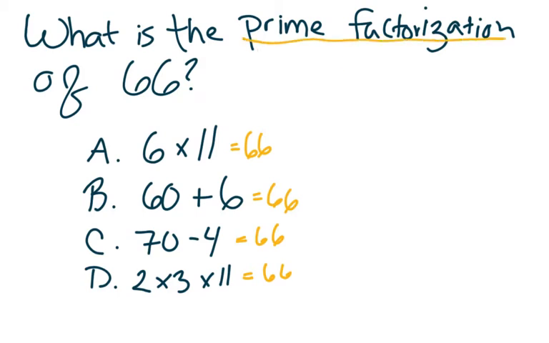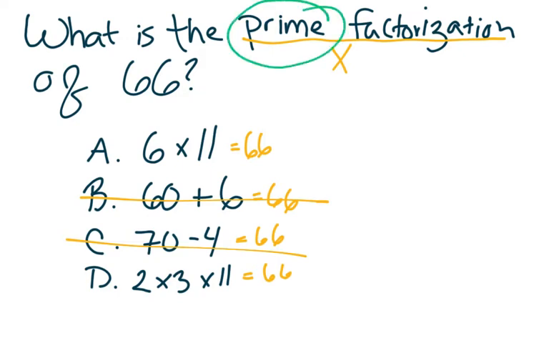Well, I know prime factorization is a multiplication problem, so B and C, while they do equal 66, are not correct. So now I'm looking at A and D. Both of those are multiplication problems that equal 66. But what I need to really watch out for is I'm looking for prime factorization. 6 is a composite number.